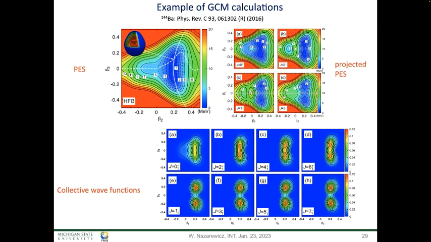The collective wave functions which you calculate in the generator coordinate method can be really viewed as probabilities that the nucleus is in a given shape, right? So that's good news, I think. This is why I said that this is perhaps what you see experimentally. Although it's not fully a probability distribution, because the GCM works on a non-orthogonal basis, it's the closest we are, in a sense.